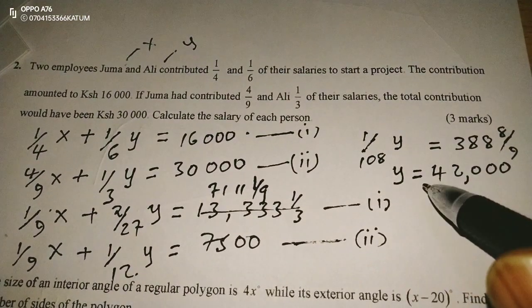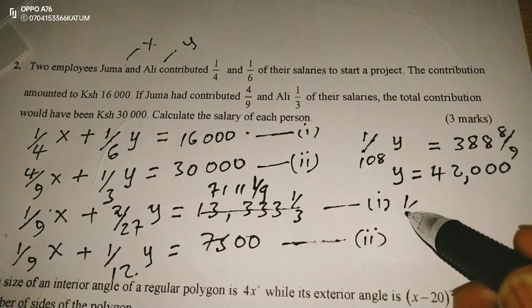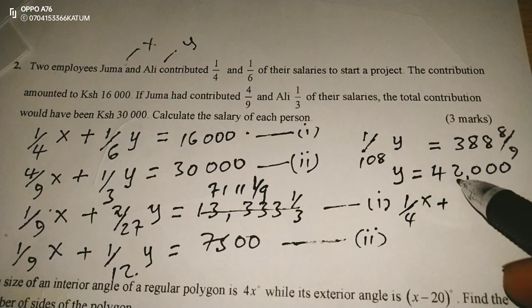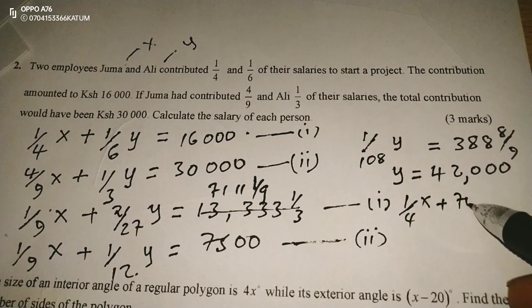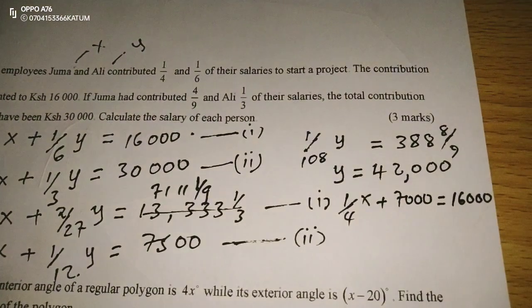For instance, the first equation becomes a quarter X plus 1 out of 6 of the value of Y, which makes it 7,000, equals 16,000.